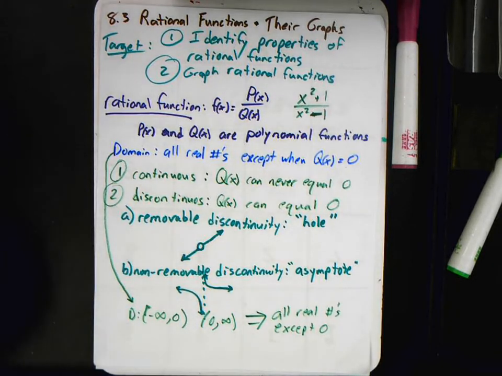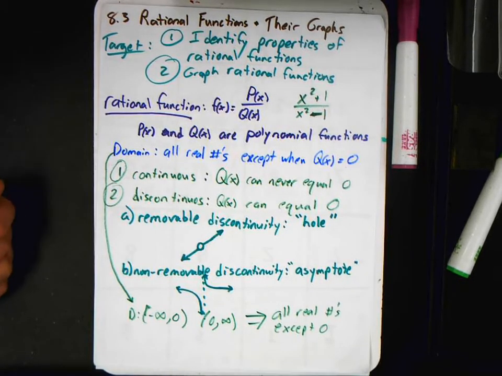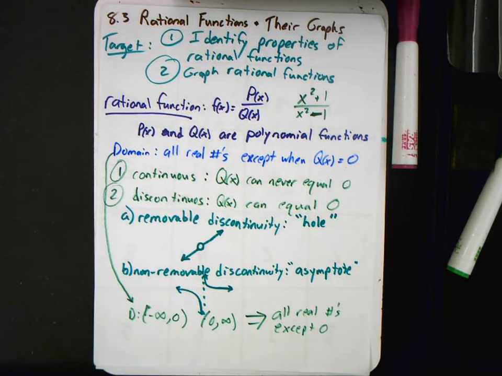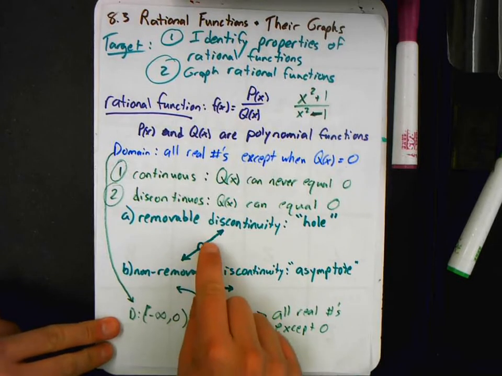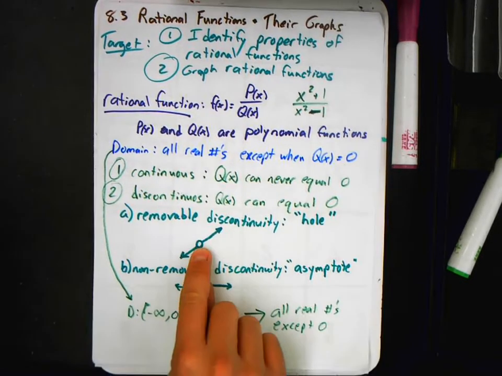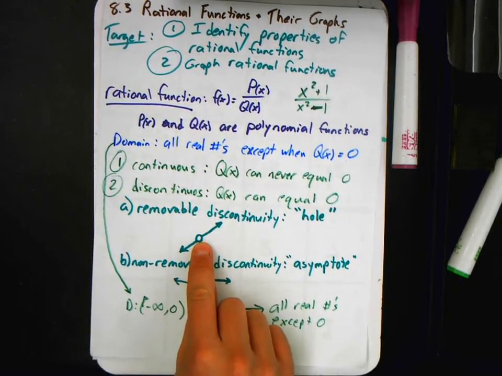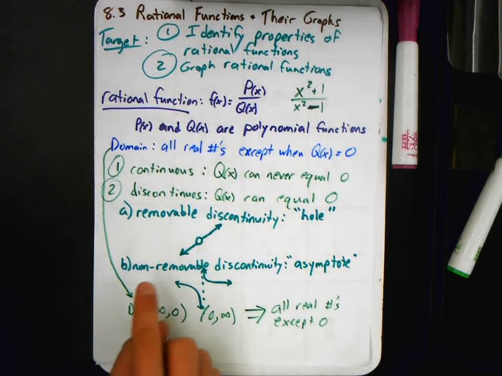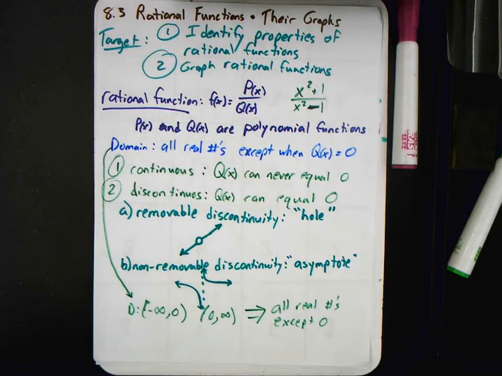The two different types of discontinuities that we're going to focus on: the first one is a removable discontinuity, or what I like to call a hole. So it's a big old hole in the graph where there's an open circle. At this point in the graph, it does not exist. There is no point on there. It is discontinuous. Then the other type is a non-removable discontinuity, which we talked about yesterday.